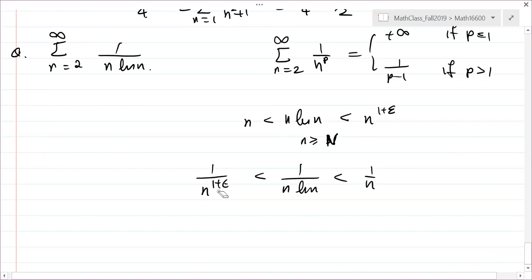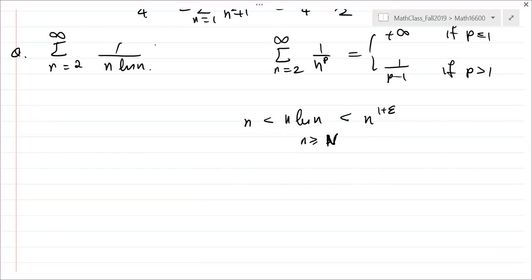So you have no choice except, let's try to use the integral test. I let f of x be 1 over x natural log of x.